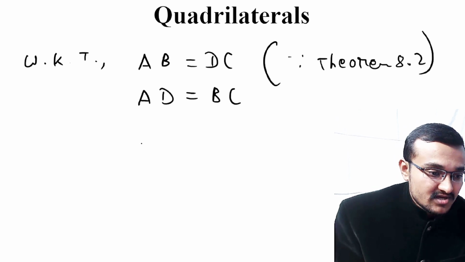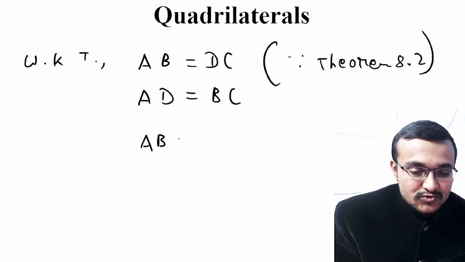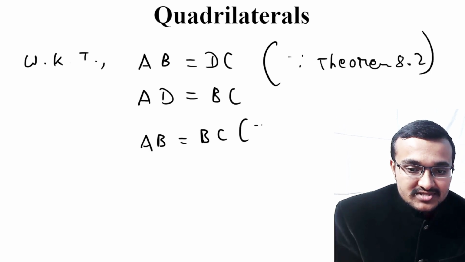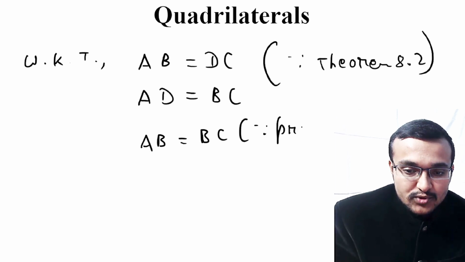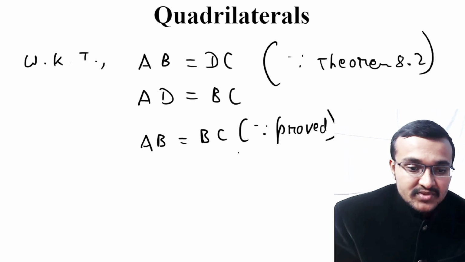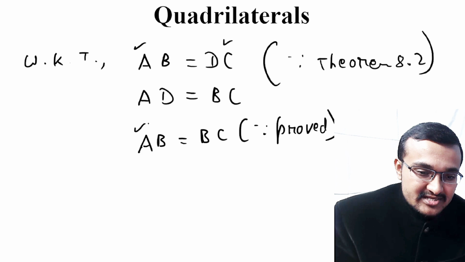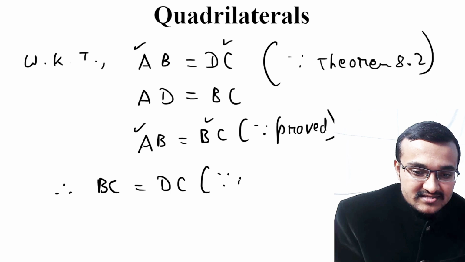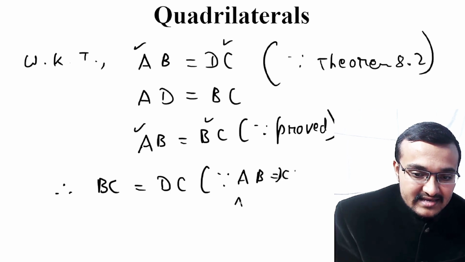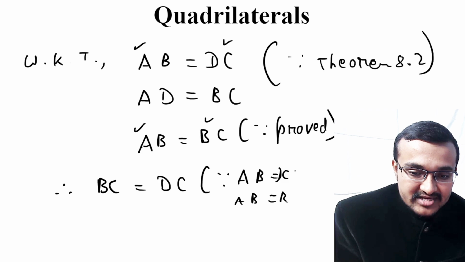Now we have proved that this particular AB is equal to BC. Just now we have proved this. So now here you can see AB is also equal to DC and AB is also equal to BC. So therefore BC is equal to DC, since AB is equal to DC and AB is equal to BC.